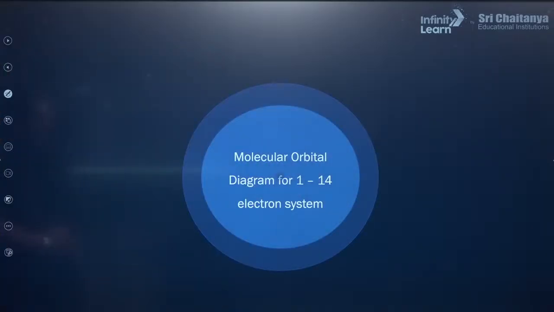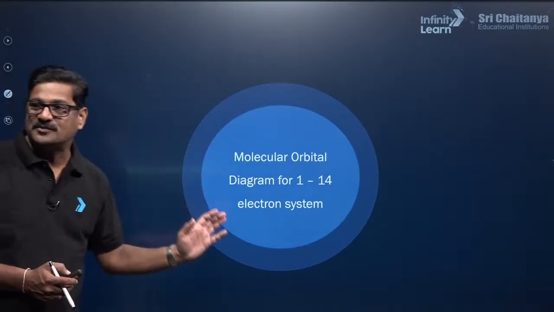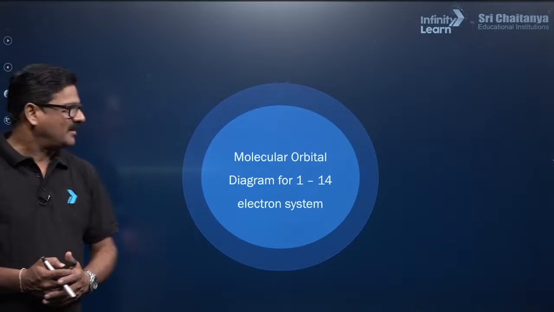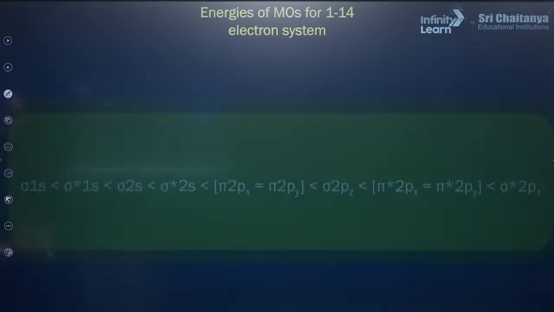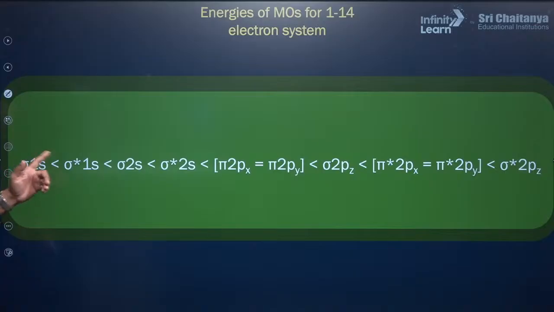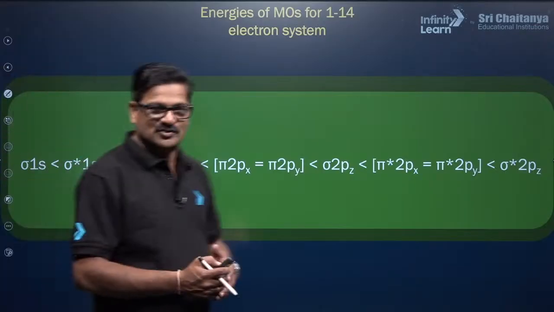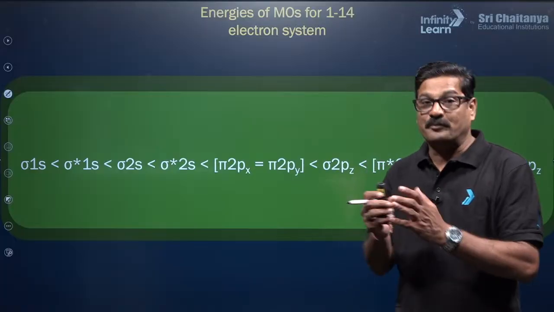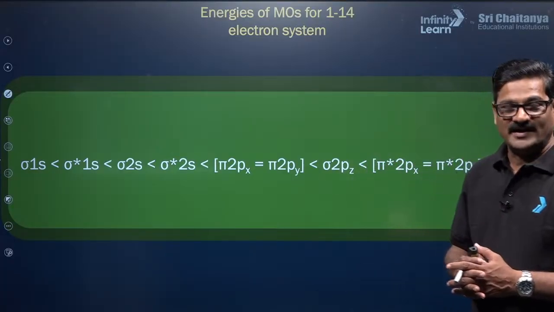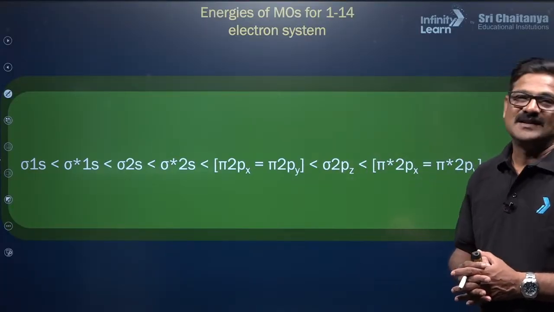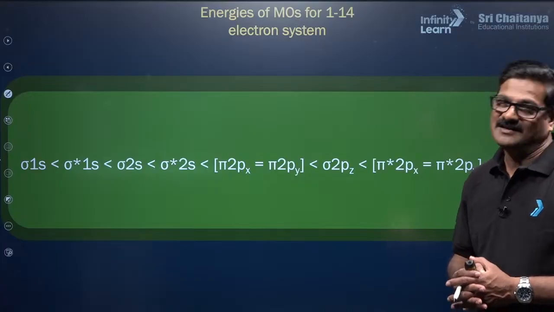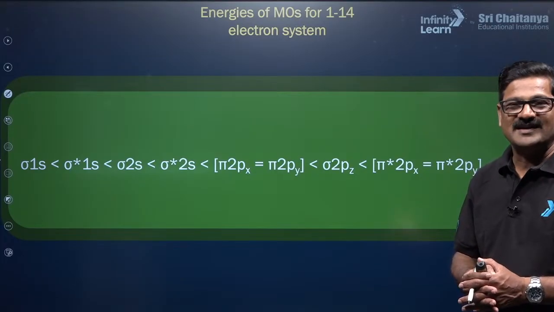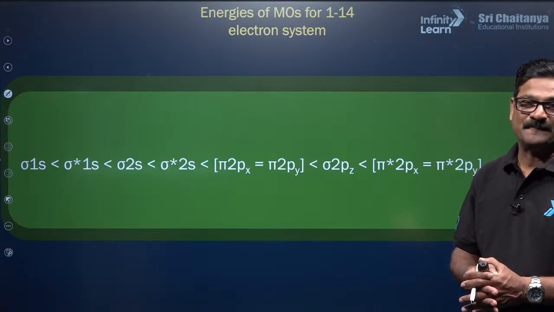Now you can see, I want to say the molecular orbital diagram up to the 14 electron system. For that, you need to have sigma 1s less than sigma star 1s less than sigma 2s less than sigma star 2s less than pi 2px, pi 2py less than sigma 2pz less than pi star 2px and pi star 2py less than sigma star 2pz, right?